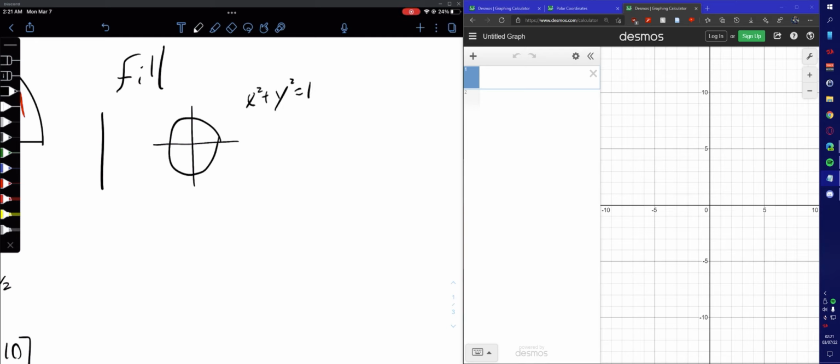We have parametric, where x is equal to sine of t and y is equal to cosine of t. Heck, we can use polar. R is equal to some constant. Let's call it 1, just to be consistent on the radius. That's the word. Don't mind my stupidity.